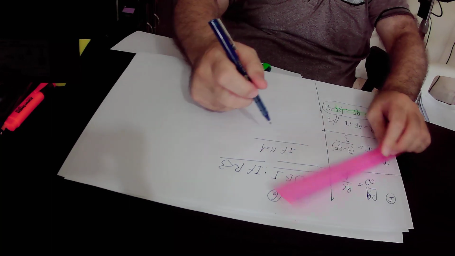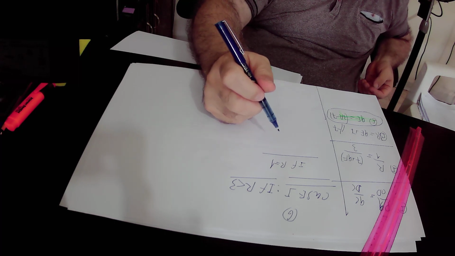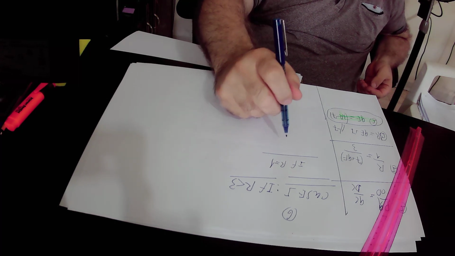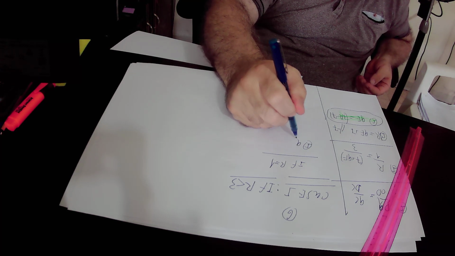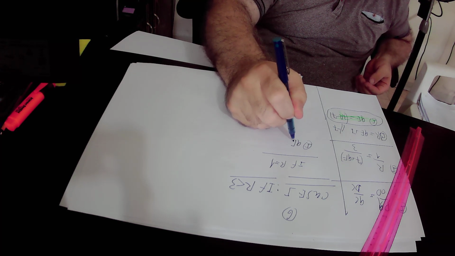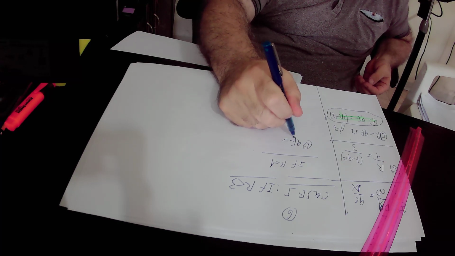So if R equals 1, then we get that according to equation number 1, QF is equal to 3R minus 7.